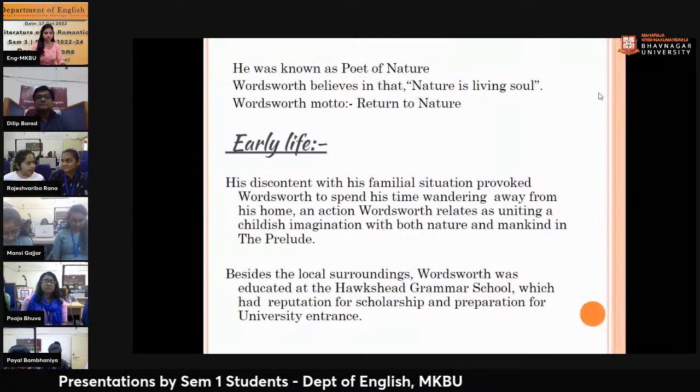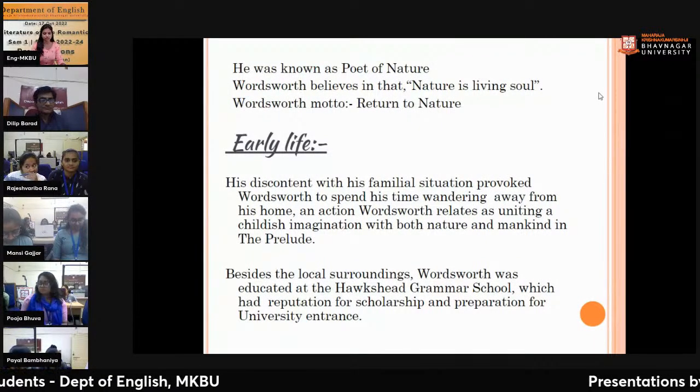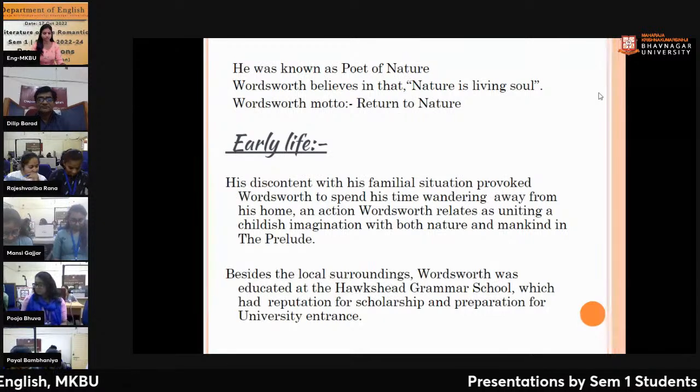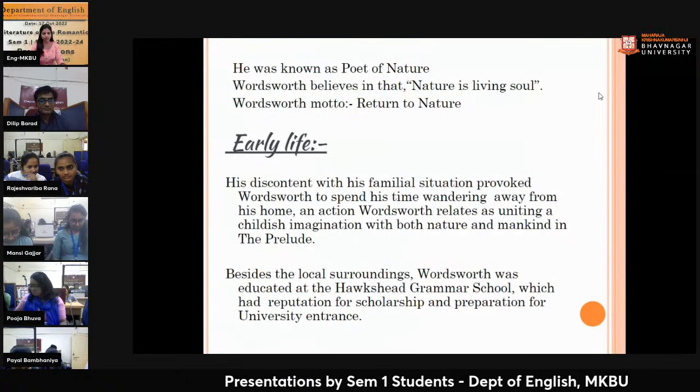Besides the local surroundings, Wordsworth was educated at the Hawkshead Grammar School, which had a reputation for scholarship and preparation for university entrance.